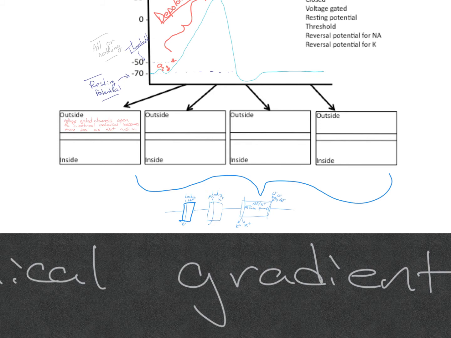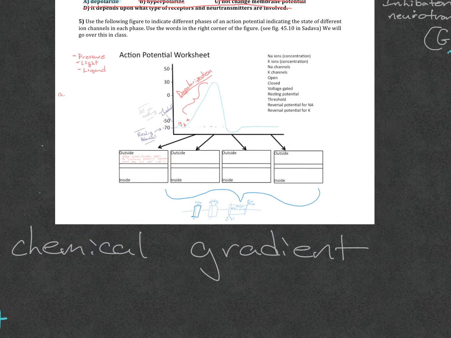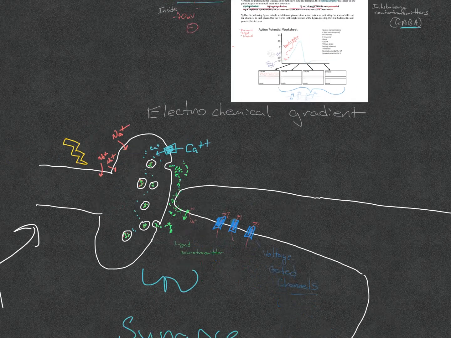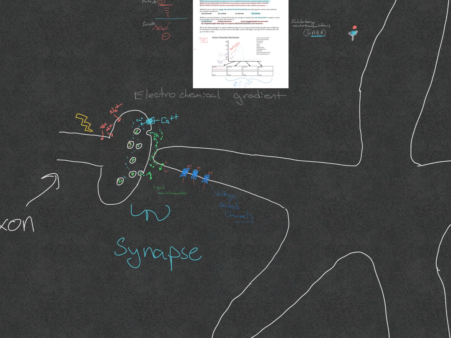But what happens when you get the ligand changing the voltage potential, or pressure pushing on the pressure sensitive proteins that open up channels, or sound moving the hair cells and opening up channels, is you get a slight depolarization at first.